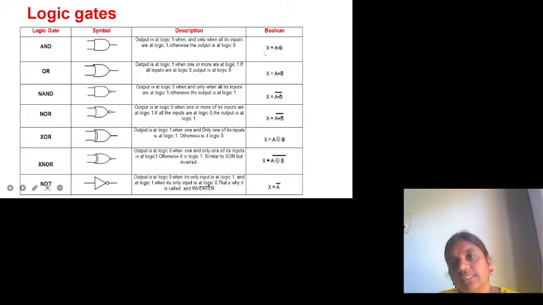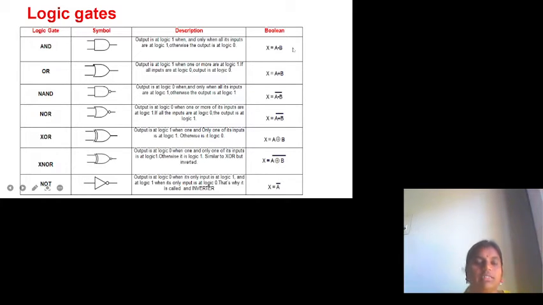So X = A . B represents the operation of AND logic.